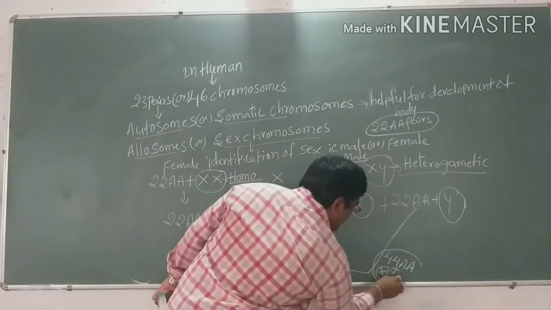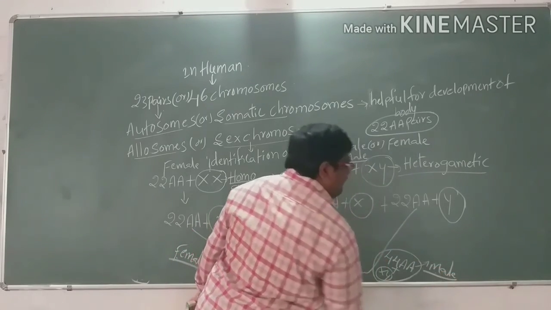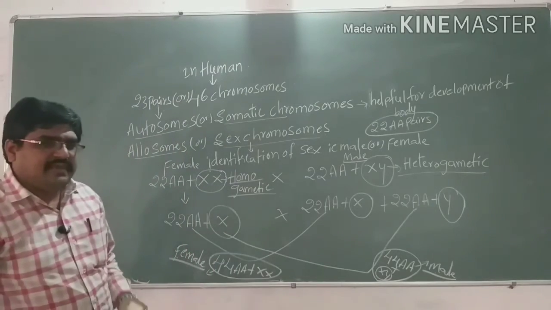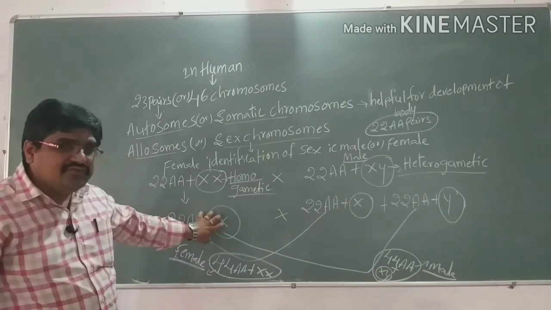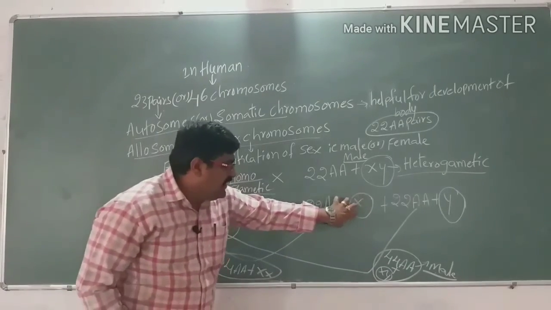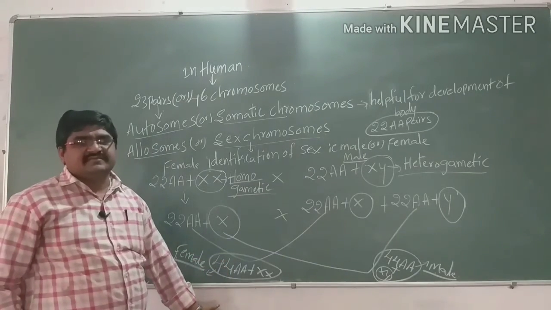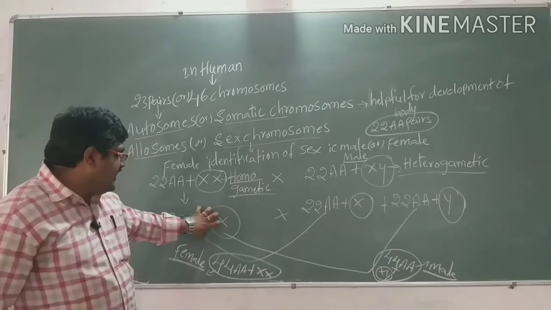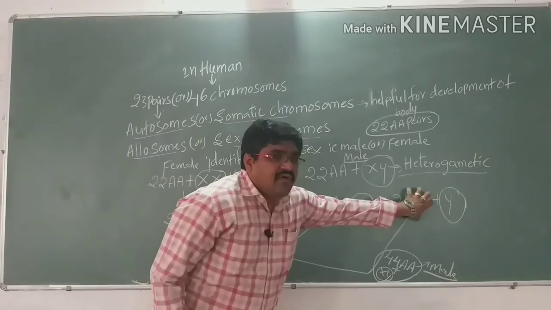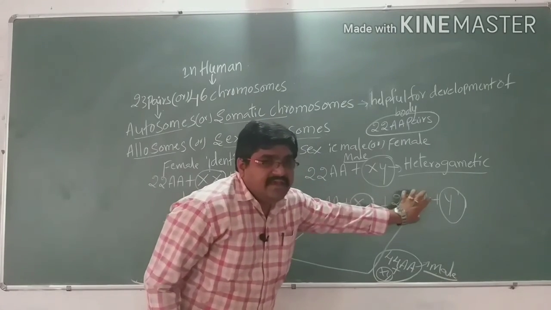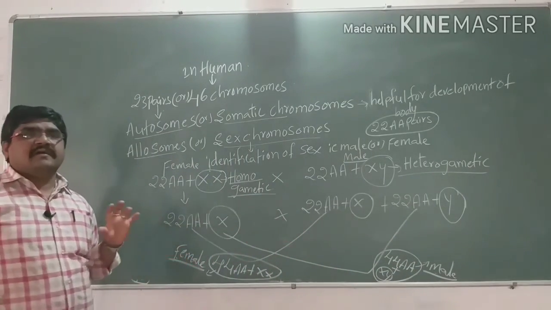So here we get the male. The male has two different chromosomes. If the X of the female fuses with the X of the male, then we produce a female organism. Or otherwise, if the X of the female fuses with the Y chromosome of the male, then we produce a male organism.